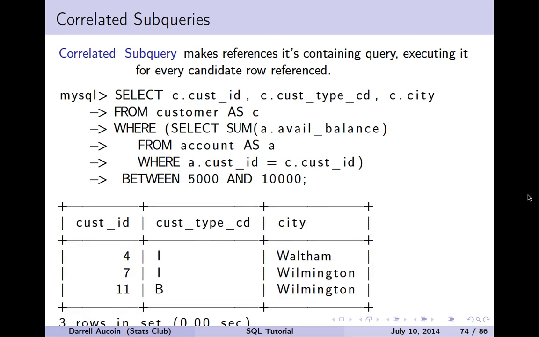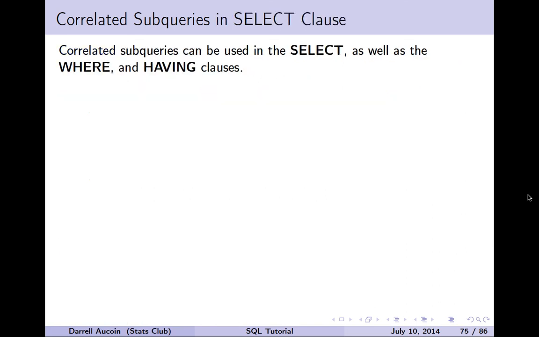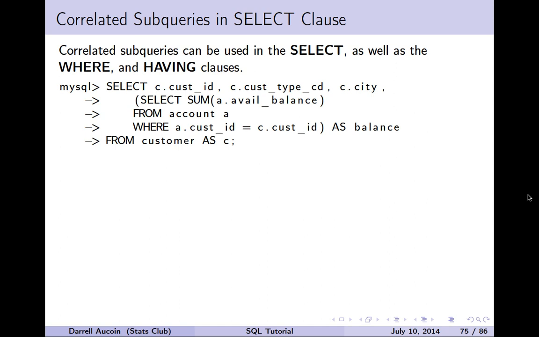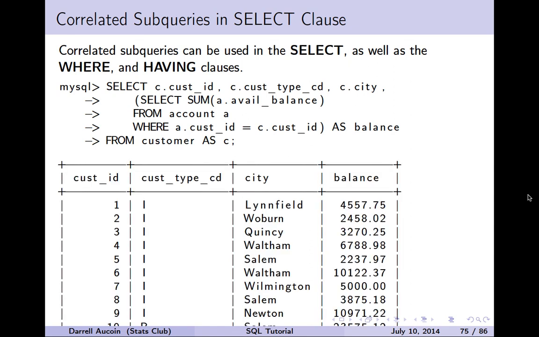As a result, subqueries can be used in the select as well as where and having clauses. For instance, if we didn't want to take away rows, we just want to get what that value is. This is a way of doing it, and it gives you all the values for each one.